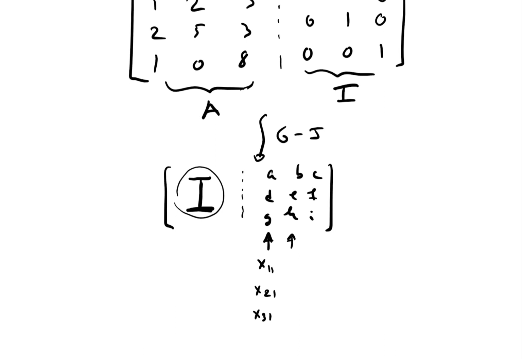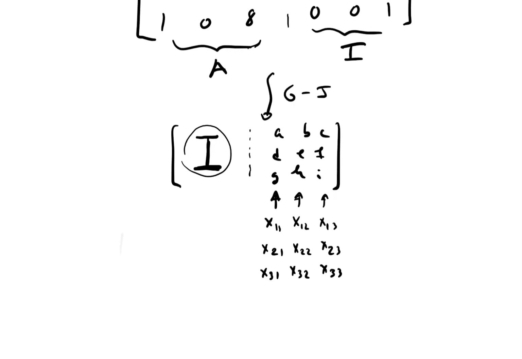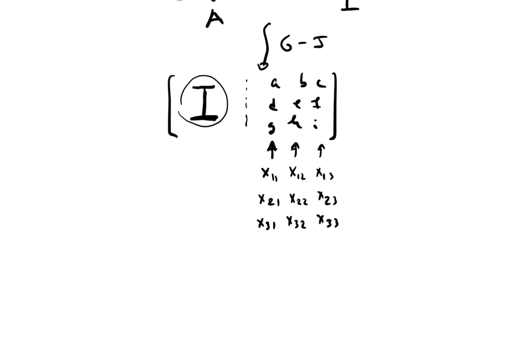Similarly, the column B, E, H is what the variables x12, x22, and x32 are. And this is x13, x23, x33. So in fact, what I have here in the end is my matrix X.